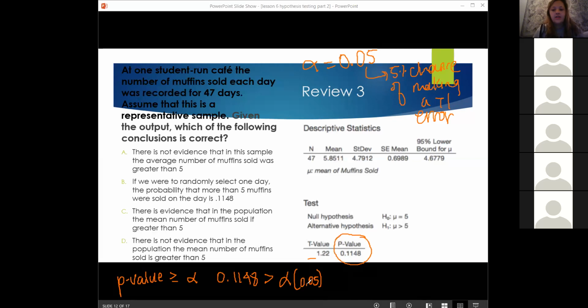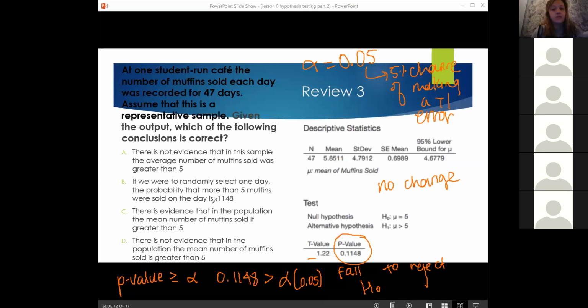So that means that we're going to fail to reject the null. If we're failing to reject the null, we're saying that we still are assuming that there's no change. That means that we don't have any evidence that there's some sort of difference going on here.